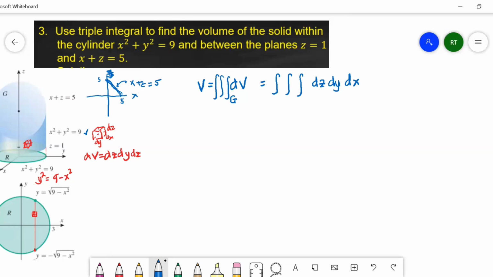Okay, so we can now have the interval in the region R.